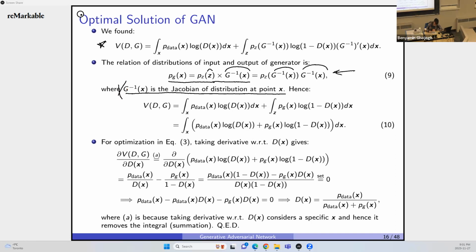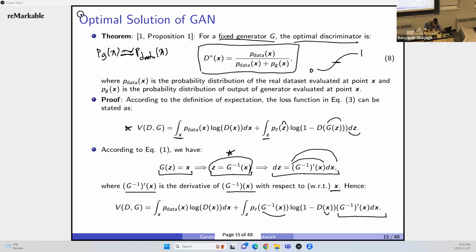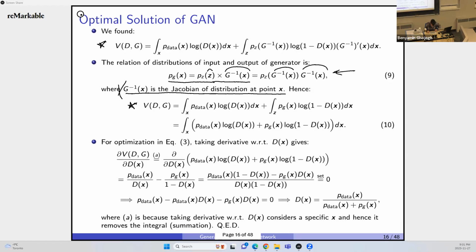We have this. Now, let me do this. So this is what we have as V dgz. I'm repeating this from, give me a second. Here, do you remember this is what we had? Now, consider this term and this term.